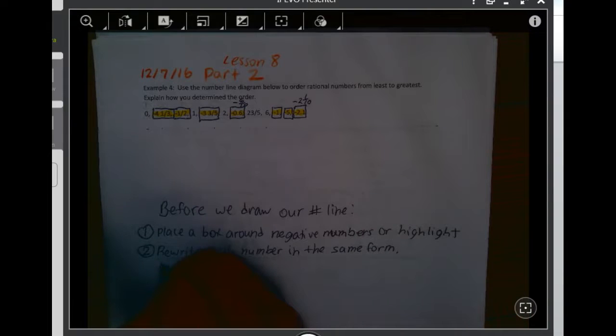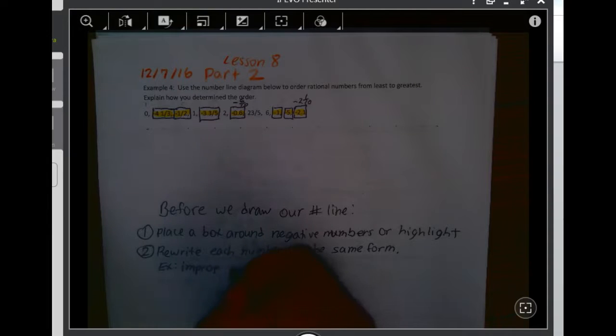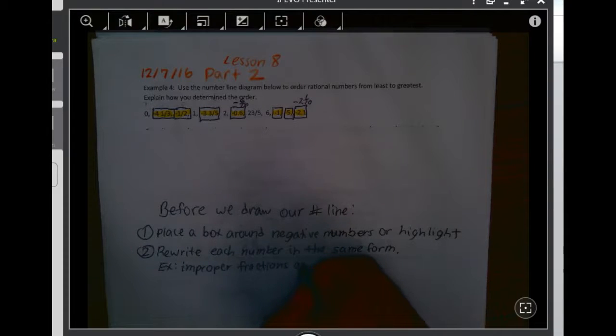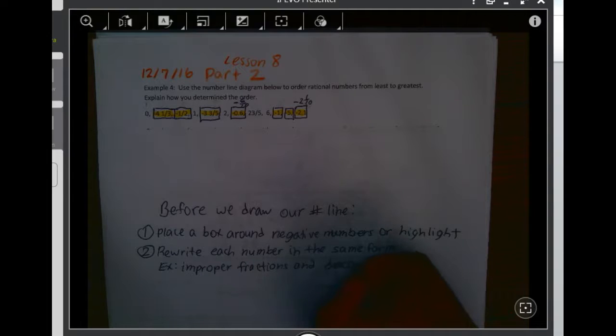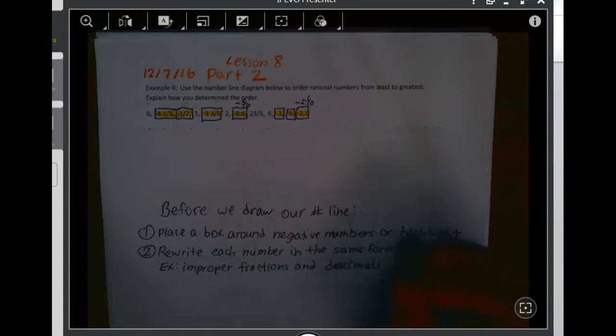In this particular case, improper fractions and decimals can be rewritten as mixed fractions.